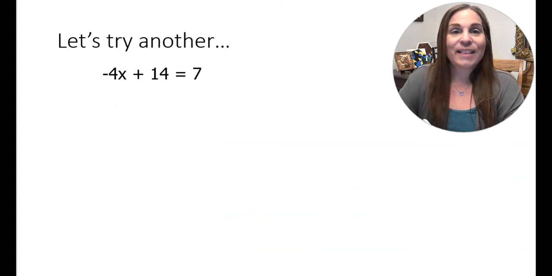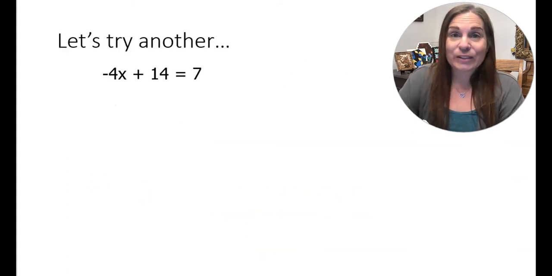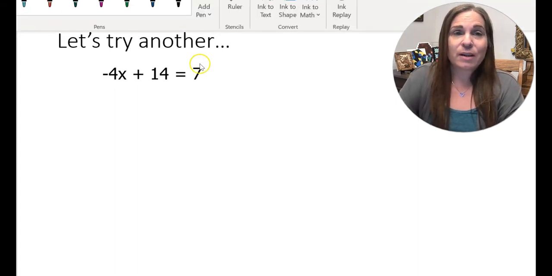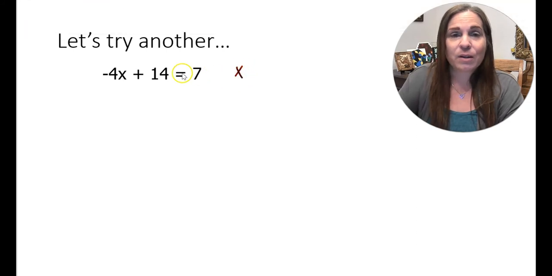All right, let's try one that we didn't look at with the images, right? Let's do this one completely algebraically. So first I'm going to look at my order of operations. And my order of operations, if I start with that x, right, would tell me to first multiply it by -4.